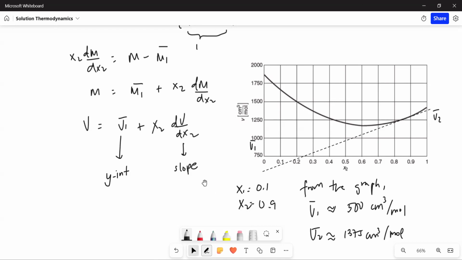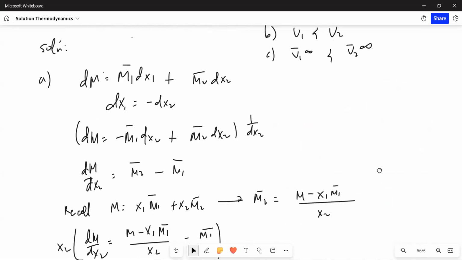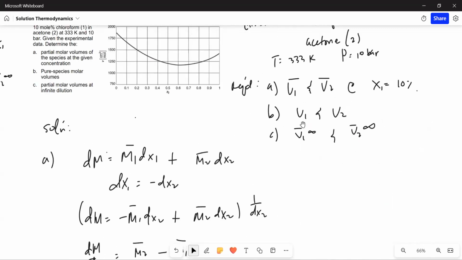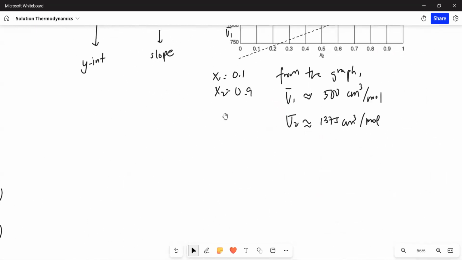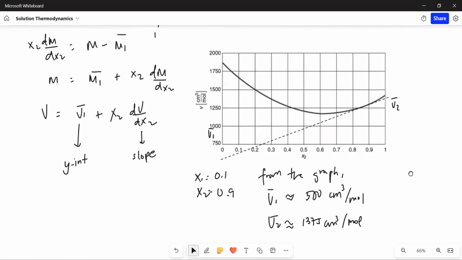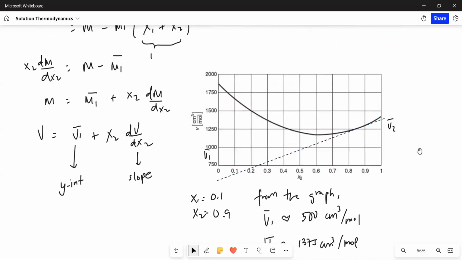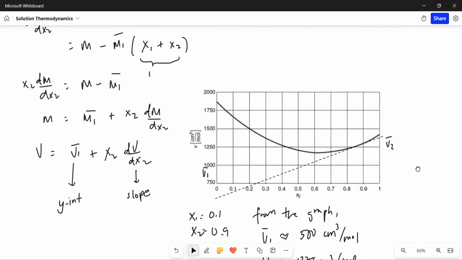All right, we move on to the next thing required from us, the pure species. Okay, the pure species. How do we get that? By the way, before we proceed, this method is called the tangent intercept method.